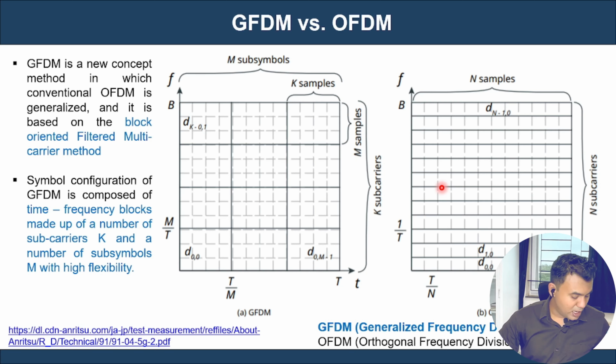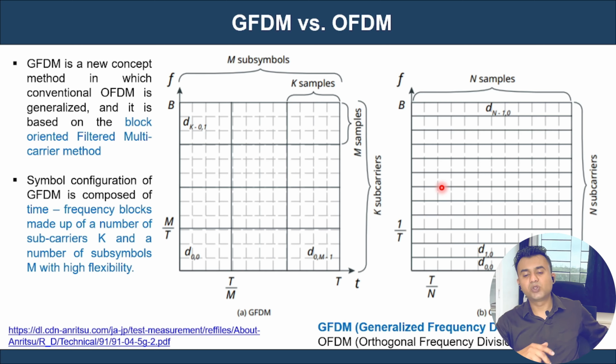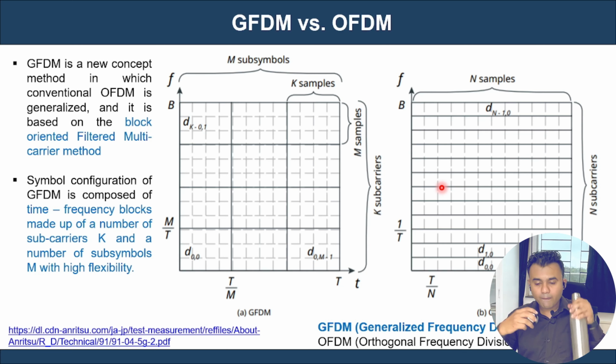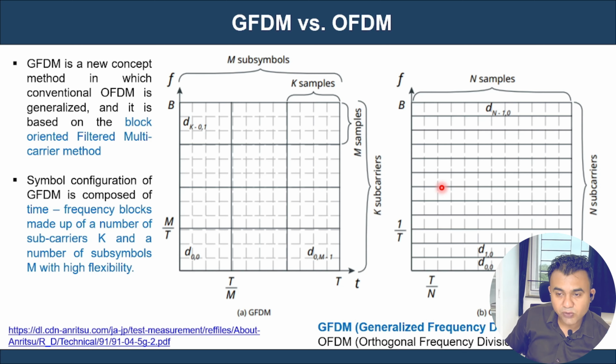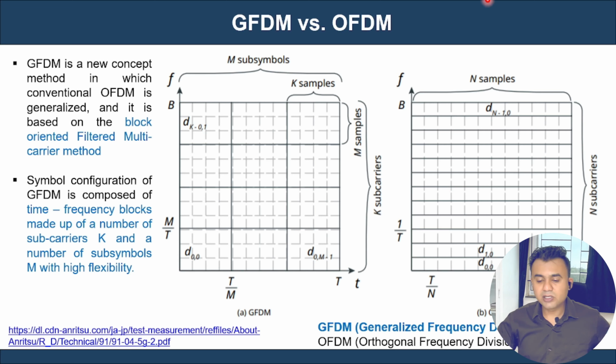There is one more advanced version, which is called GFDM, generalized frequency division multiplexing. Here you can see that in OFDM, we have allotted different carrier frequencies to different symbols or different data streams.